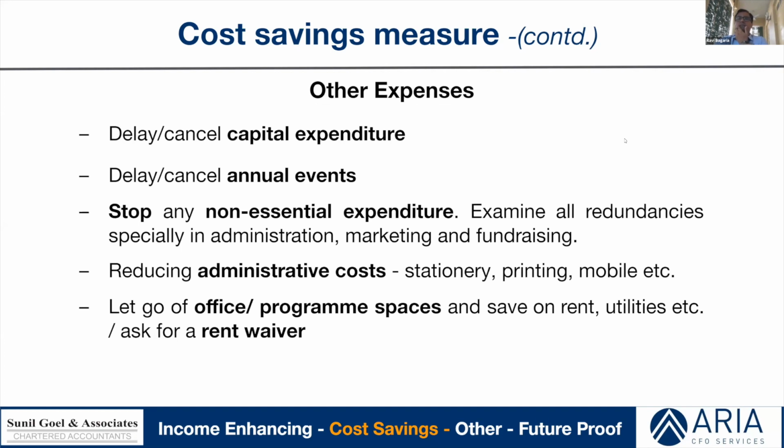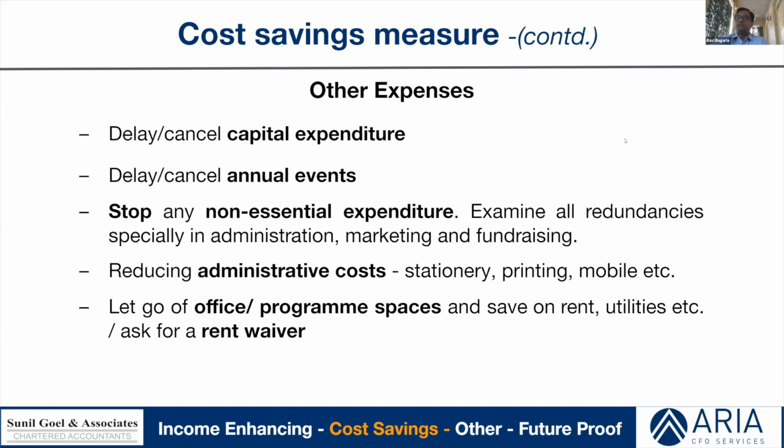Coming down to some other measures, obviously, one-time annual events, capital expenditures, all of these can be pushed a little. Stop non-essential expenditure immediately. Review any redundancies on marketing expenses or administration or any of these.